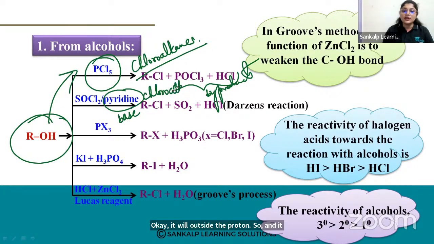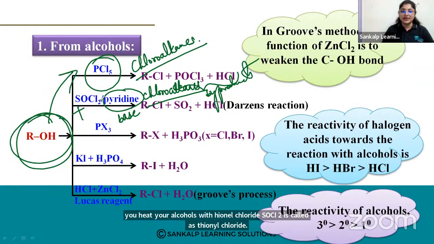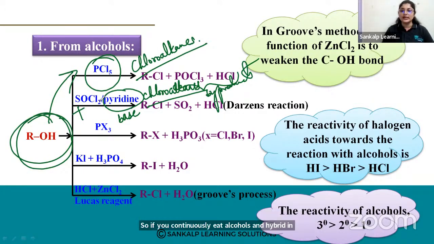Chloroalkanes are obtained when you reflux or heat your alcohols with thionyl chloride. SOCl2 is called thionyl chloride. So if you continuously heat alcohols and thionyl chloride in the presence of pyridine, you yield chloroalkanes.